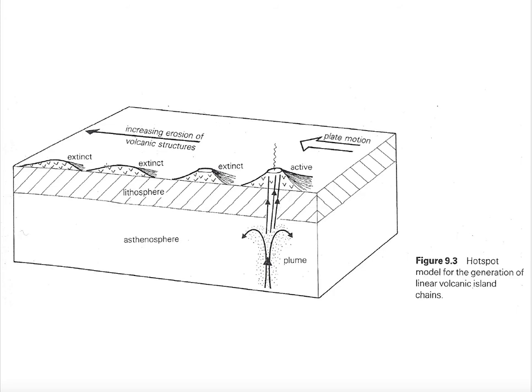They are no longer active because due to the movement of the plate above, yeah, we are removing the volcano from the active plume below, and therefore these then are extinct volcanoes, and we have there an increasing erosion of the volcanic structure. Yeah, you know this now.